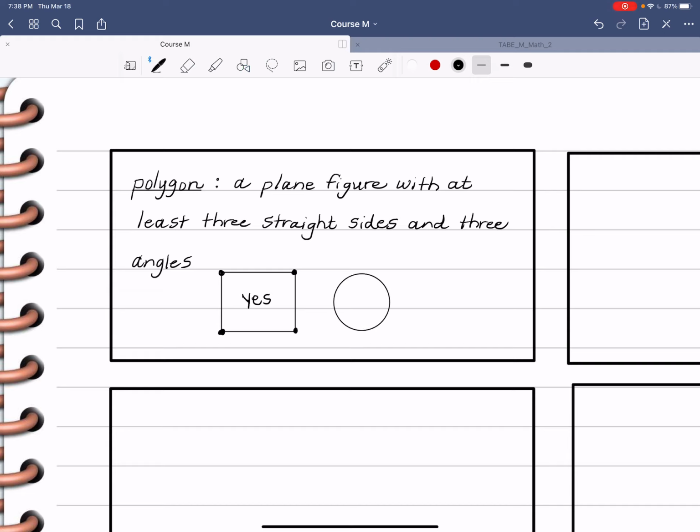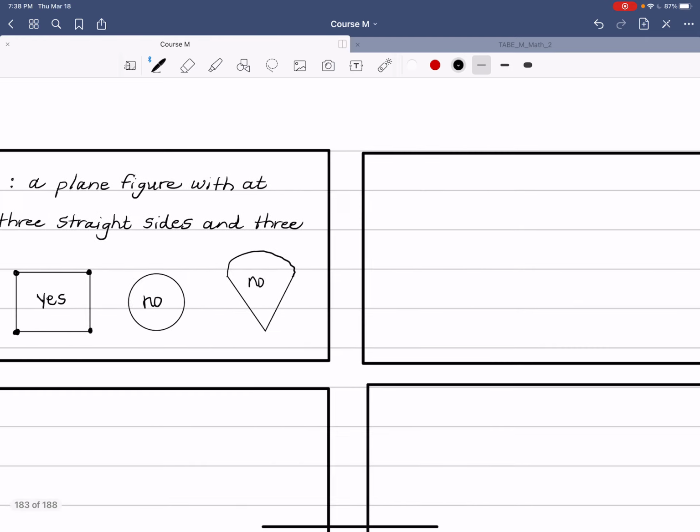It is a no. It does not have straight sides. It does not have at least three angles. What about this one? It's a no. If you have that curve in there, that is a no. It is not a polygon.